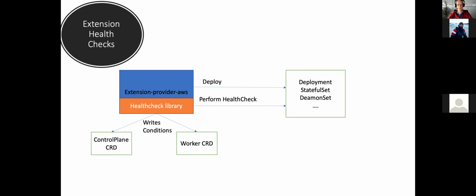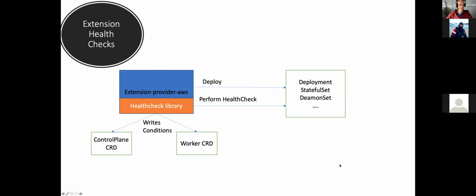For instance, looking at its status, making additional checks. But in general, they can make any check they want to. If they deploy very specific things, like the Calico extension, they can theoretically execute network tests to make sure the network is healthy. You can imagine anything there.